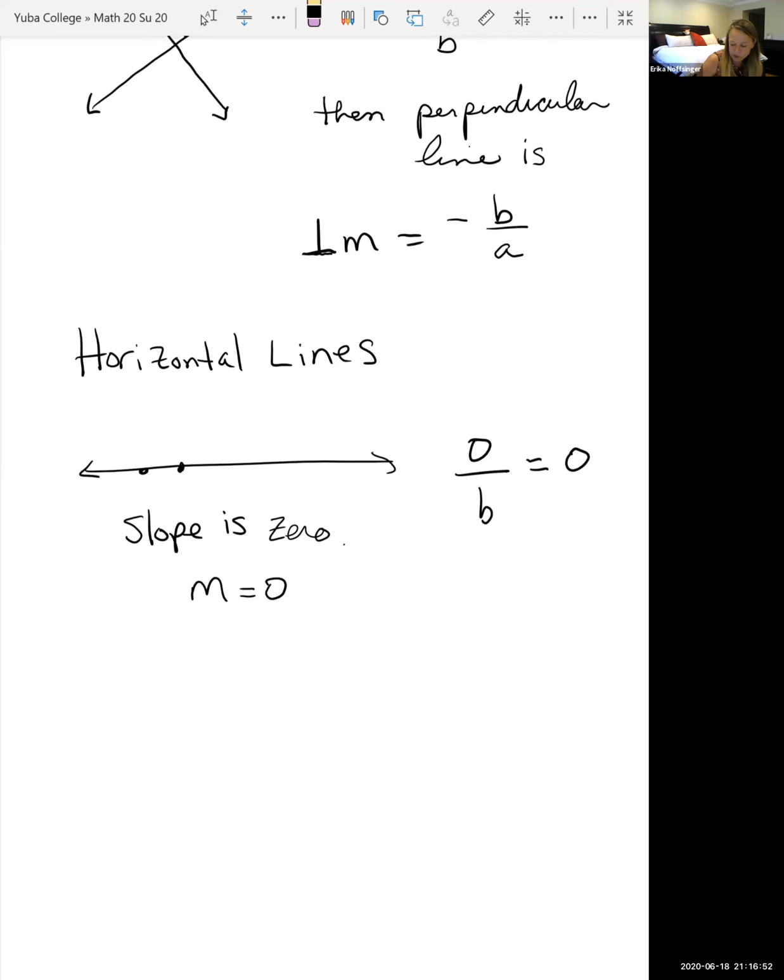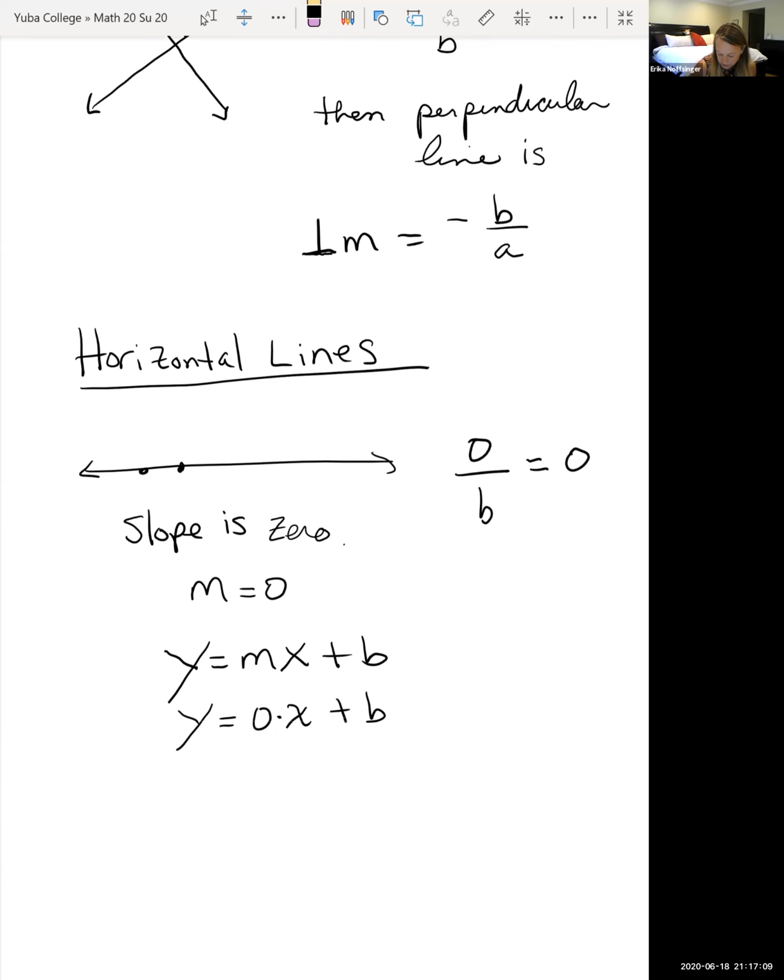The equation of horizontal lines, well, if your slope is 0, you get y equals mx plus b. Let's plug in 0 for m. We would get y is equal to 0 times x plus b. So y is equal to b. My y's are kind of funky over here.